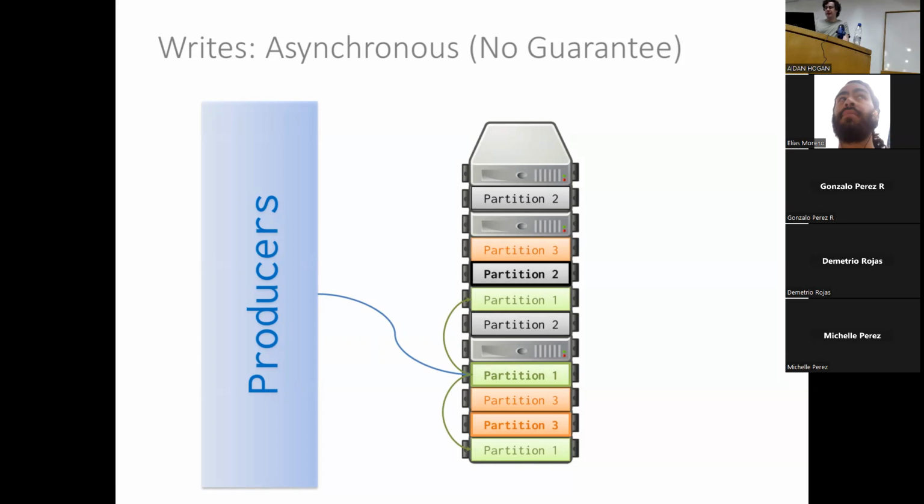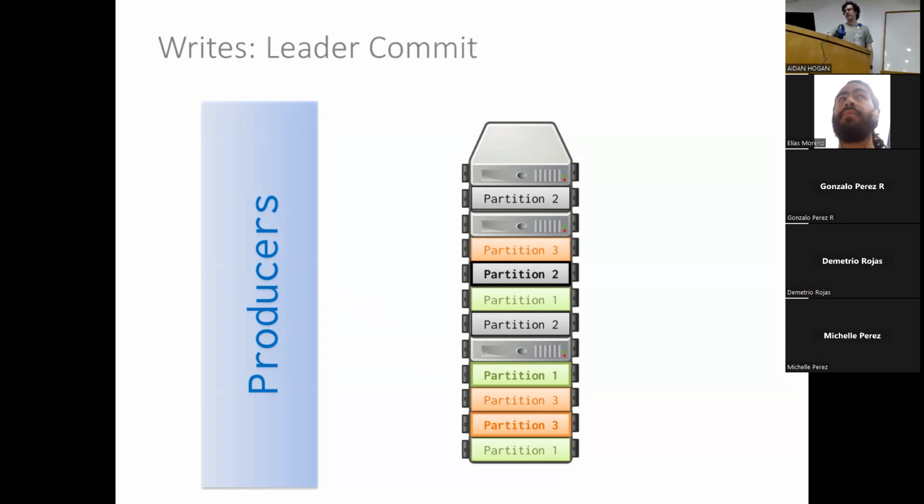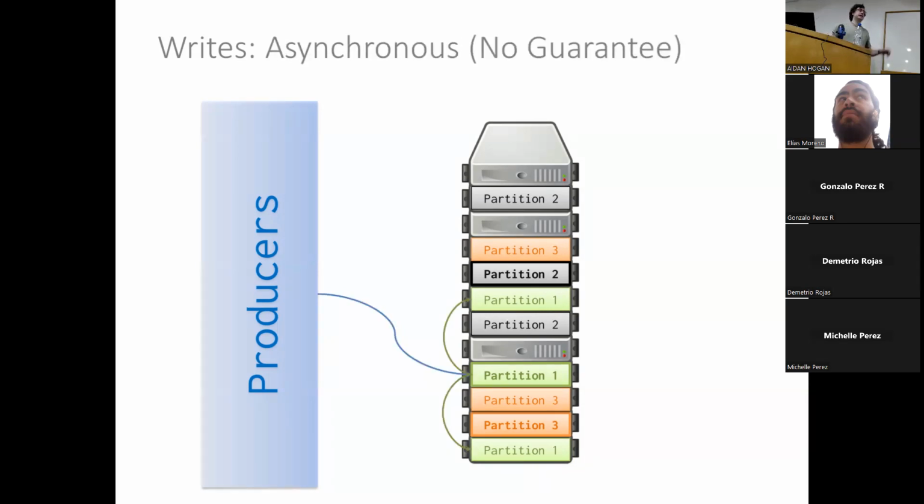The producer will write the message to the leader, and the leader will forward that message to the followers. This is called asynchronous writes, which means that there's no guarantee. Basically, the producer just assumes that everything went okay. There's no follow-up, no check to make sure that the message was actually written or received by Kafka and added to the partition.